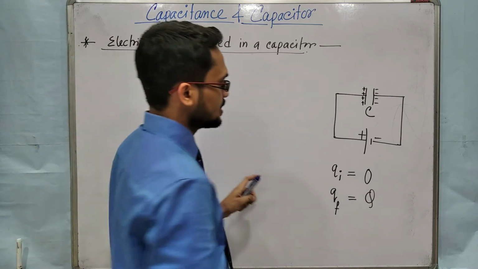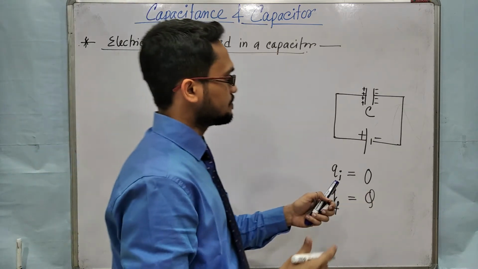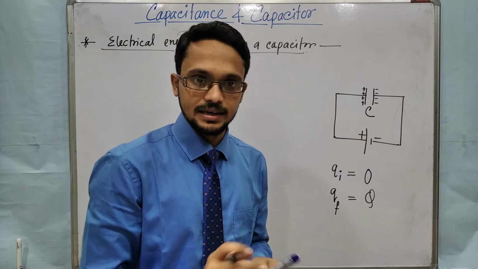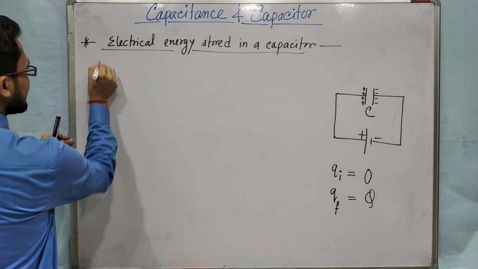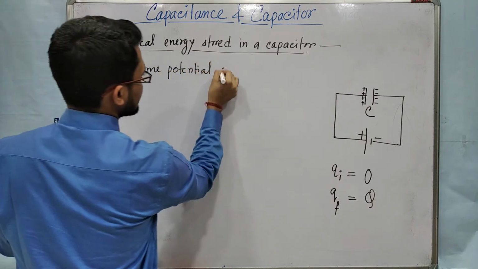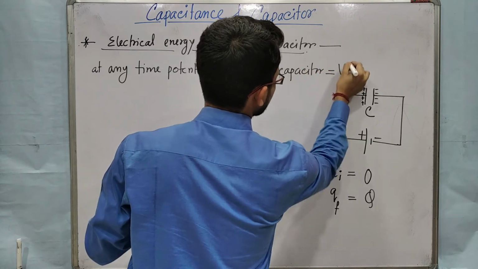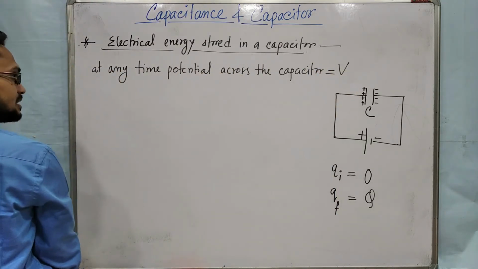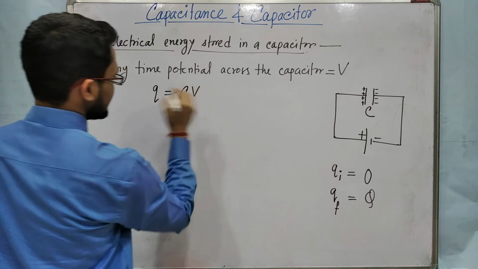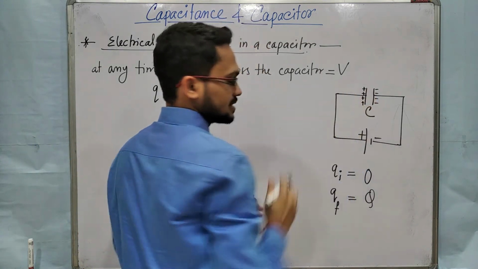The value of potential of this battery is suppose V. At any time, the potential across this capacitor is V. Now if the potential across the capacitor is V, then the charge Q will be C into V. At that time the charge on the capacitor equals C into V. Here positive charges are there.